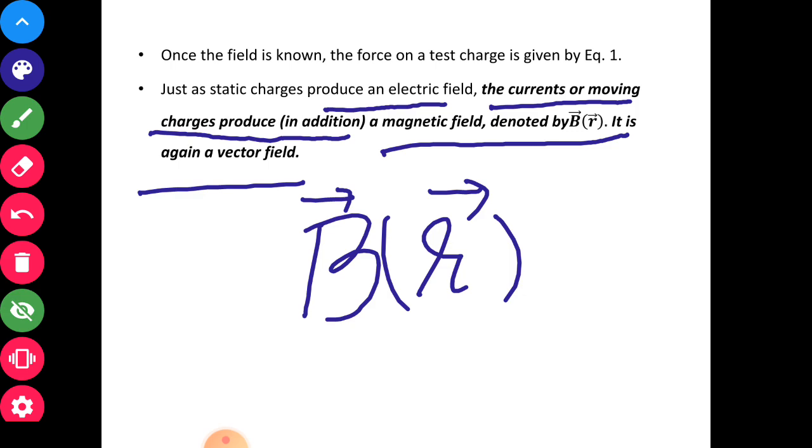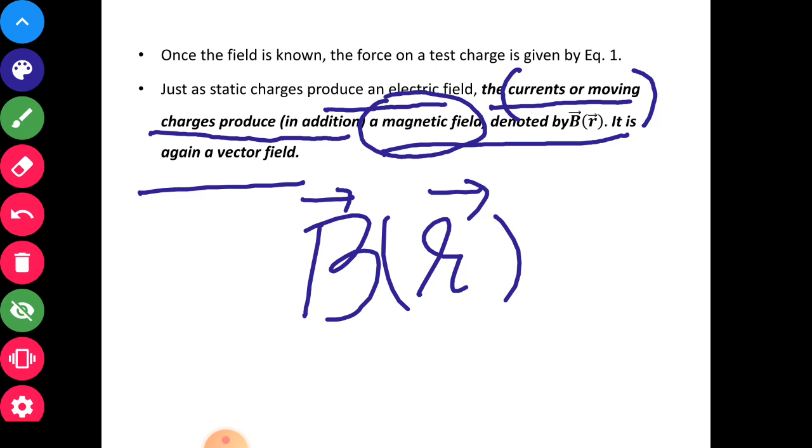It is also a vector field. So moving charges, meaning whenever current is flowing, produce electric field and magnetic field. Right now we are concerned with the magnetic field only. So moving charges are producing magnetic field.